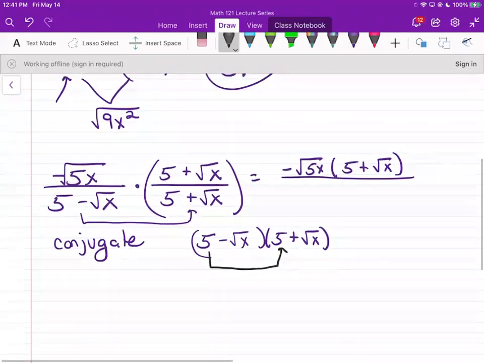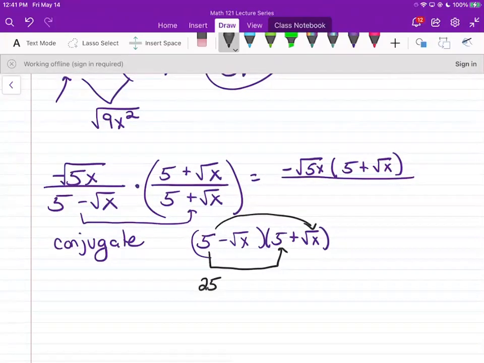So we do first, which gives us 25, outside, which gives us plus 5 square roots of x, inside, which gives us minus 5 square roots of x, and then last, which gives us minus square root of x squared, which is just x. These middle terms cancel, and they always will.